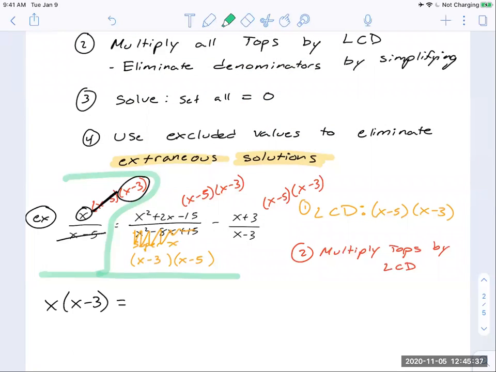Next section. I have an x minus 3 on the bottom, x minus 3 on top. X minus 5 on the bottom, x minus 5 on top. I am left with this.